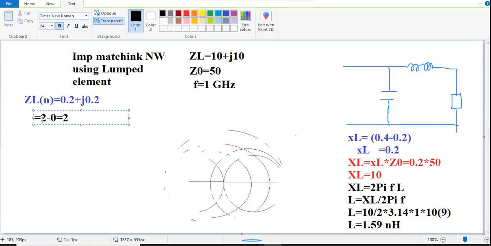So what value you are getting this 2 equal to? Is this X or B? Quickly. B. So it will be BC. C is the capacitance, so BC. And it will be what?